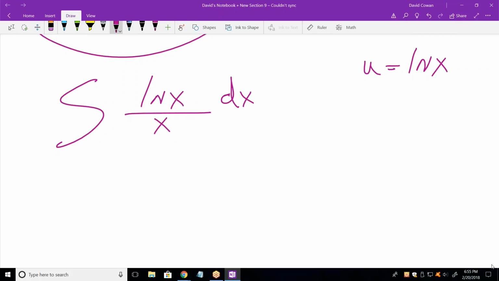Here we go. Now, I don't know how to integrate that. Whenever you have the integral of a quotient with two different types of functions, a log function and a polynomial, you got problems.